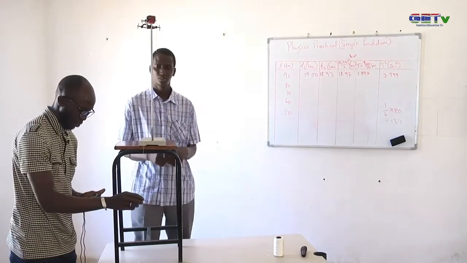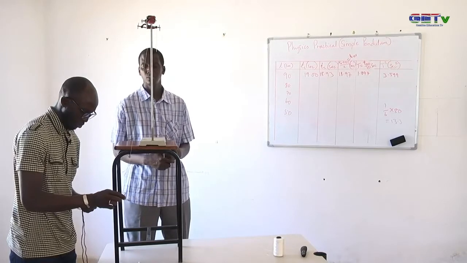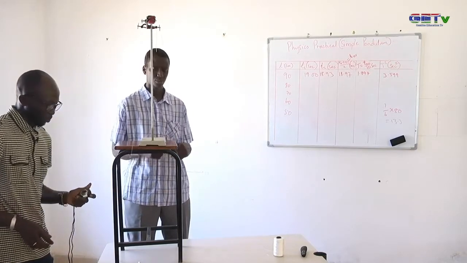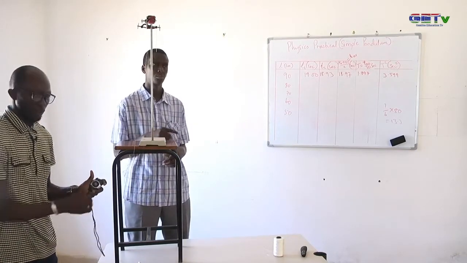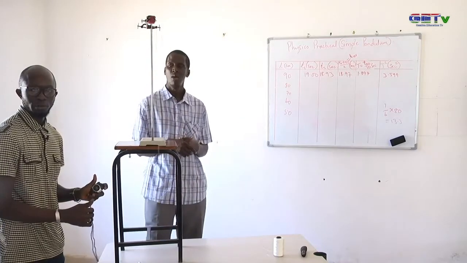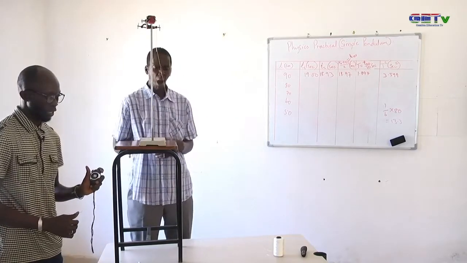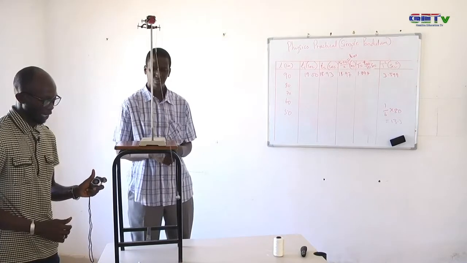No, this is not the best. So I'll count once it comes to me here. That is when I am going to punch my stopwatch and then begin the counting.